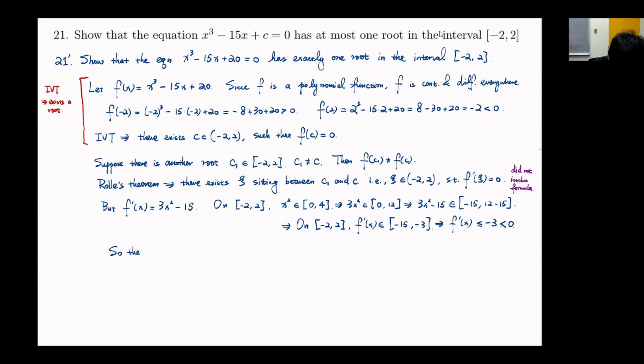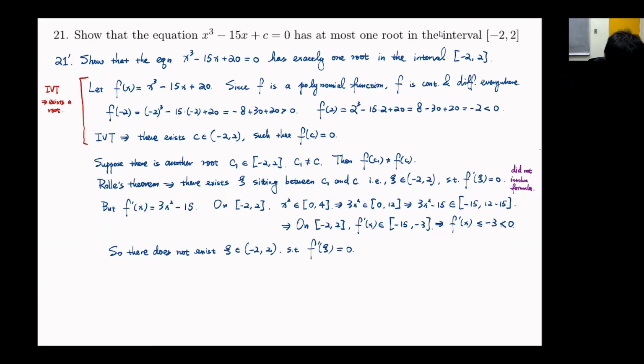So there does not exist C in -2 and 2 such that f prime of C equals 0.